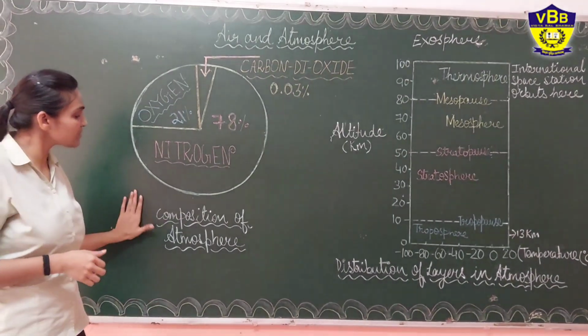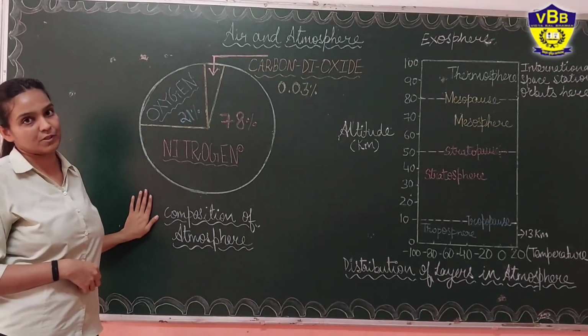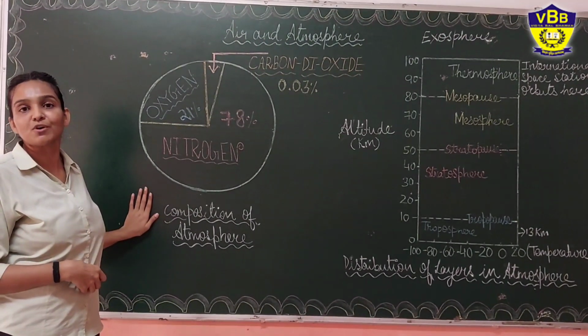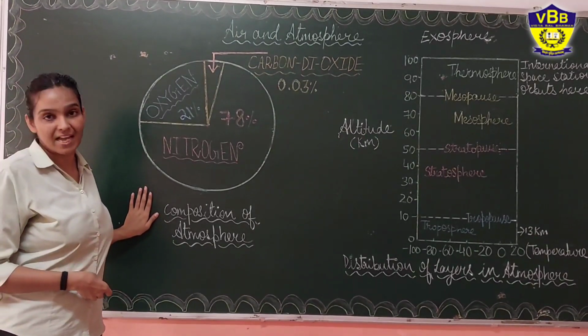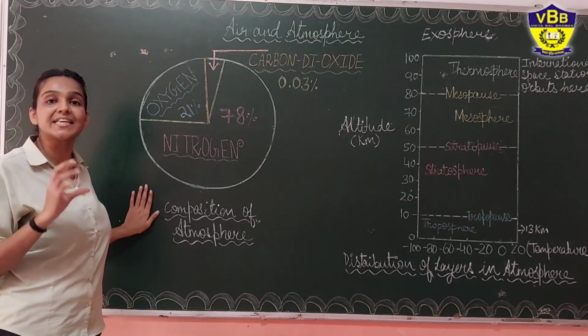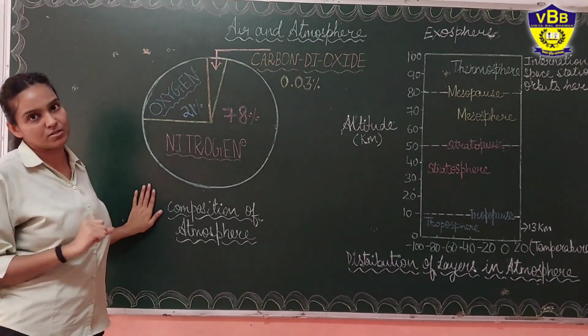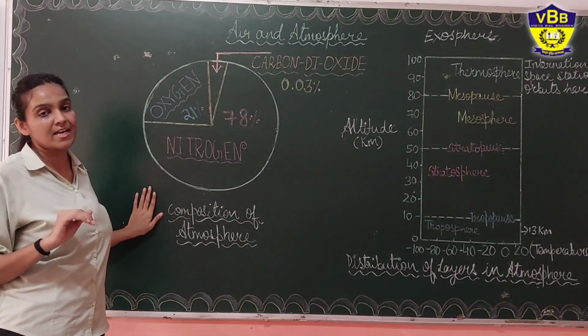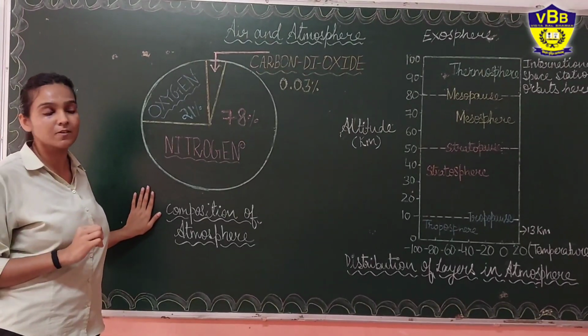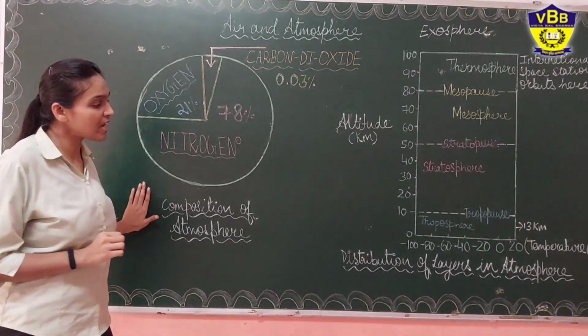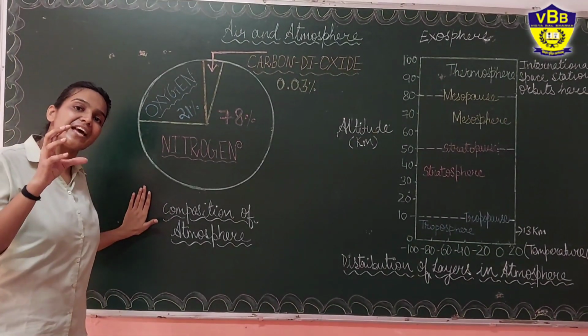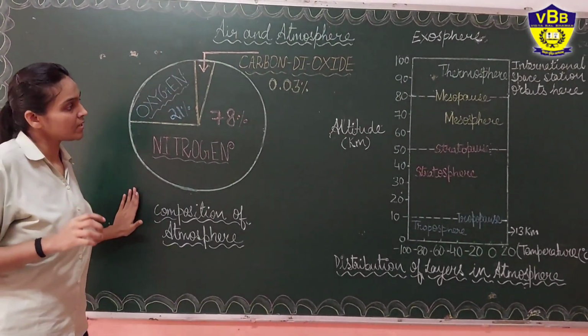Now, we have studied about composition of atmosphere. It is constituted of gases. Now, these gases, based upon their density and weight, make up layers in the atmosphere. And those layers make up the structure of atmosphere. So, we will now study distribution of these layers in the atmosphere.